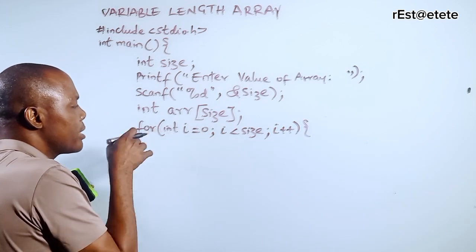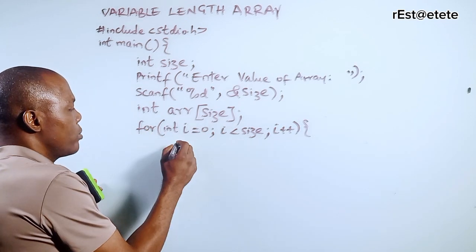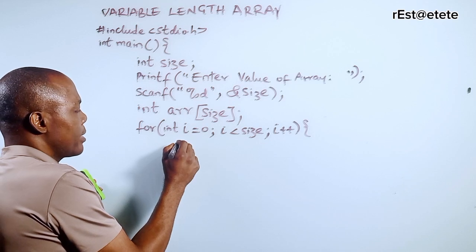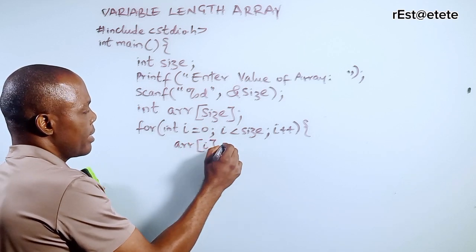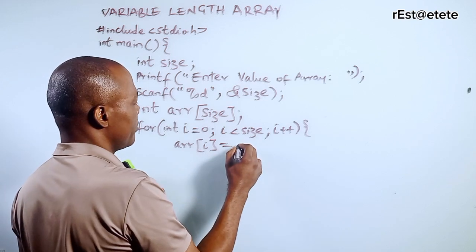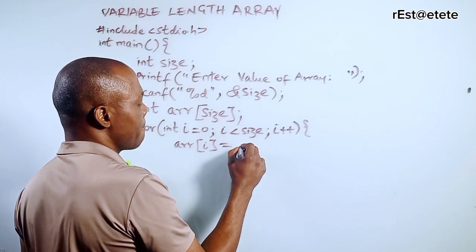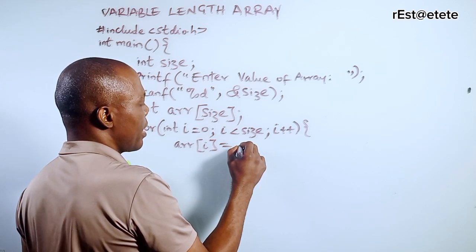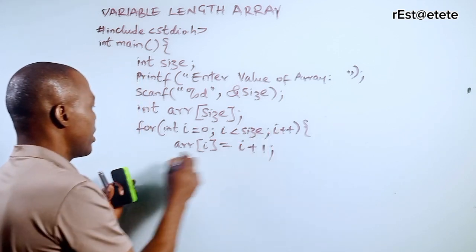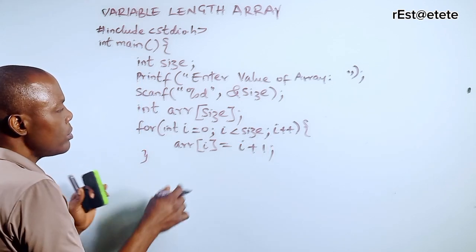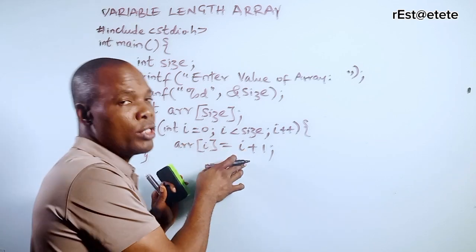So inside this, my for loop, I am going to say that array i assign i plus 1. Then I will close my for loop. So this is how I'm going to initialize the array.